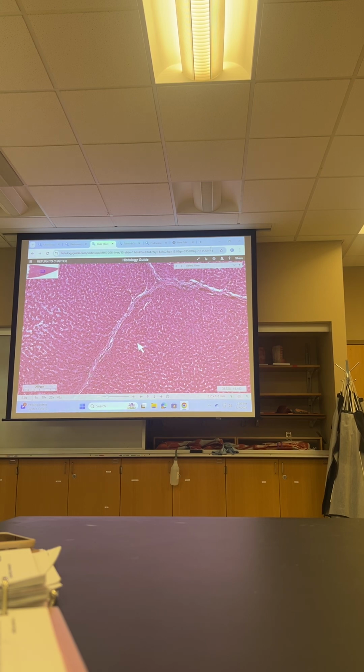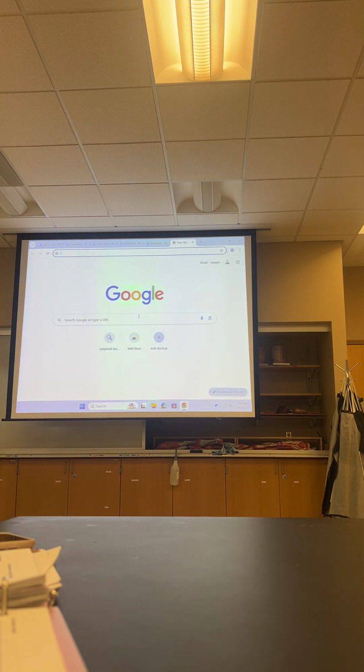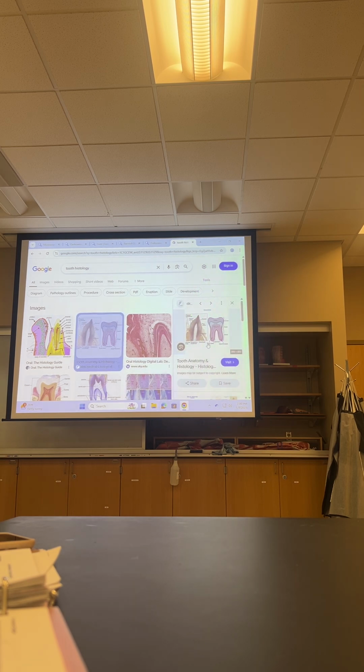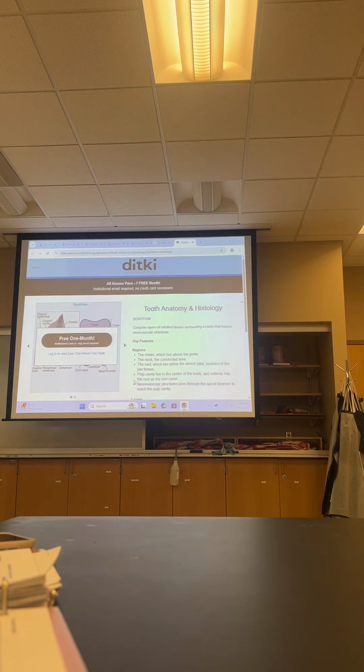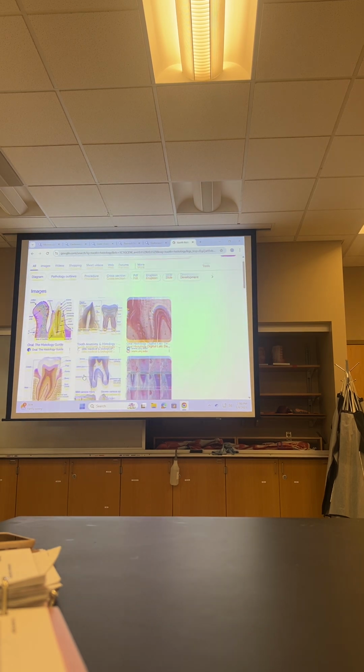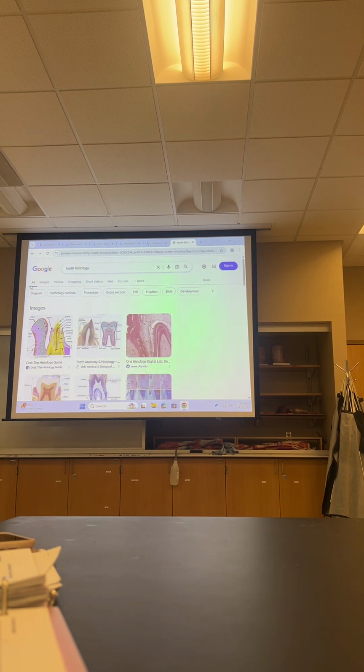All right, the tooth, there's not a tooth on Histology Guide. I was having trouble finding one last time that gave us a good picture of a tooth.